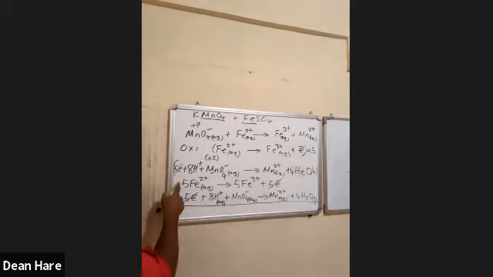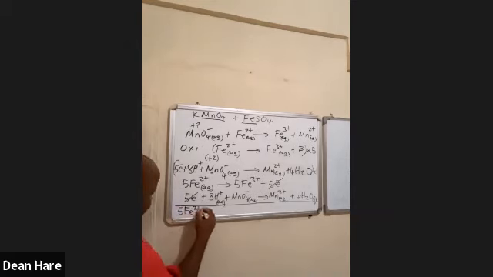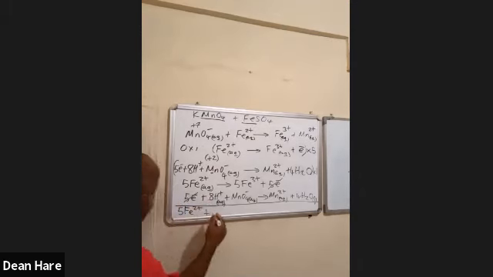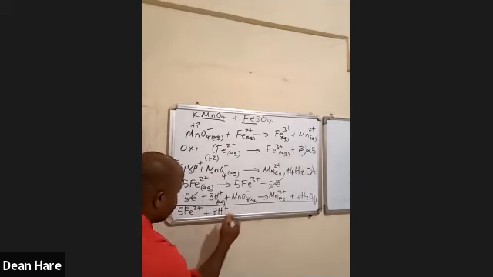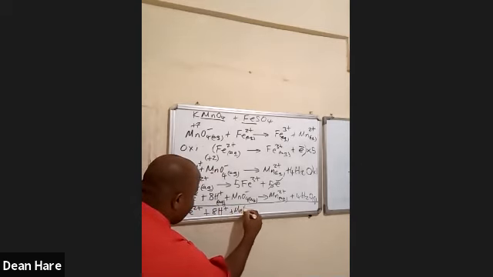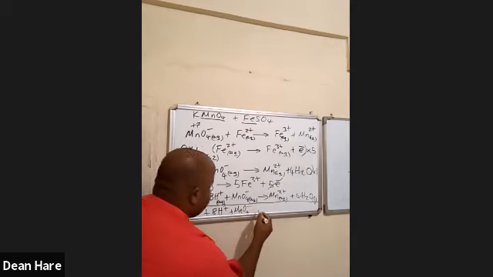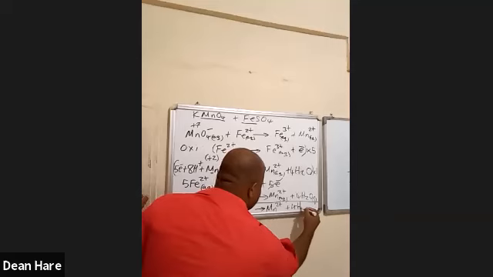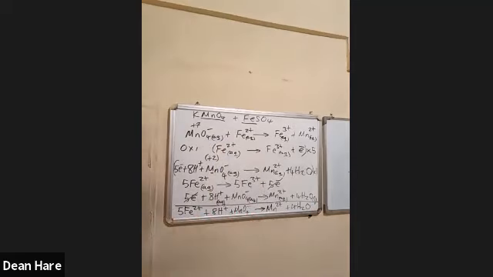So in the top equation, we have 5 Fe2+, that's just it from the top equation. Then we go down here, we have 8H+ plus MnO4-, and that should produce Mn2+ plus 4H2O. Right? I don't have the space to put the state symbols.